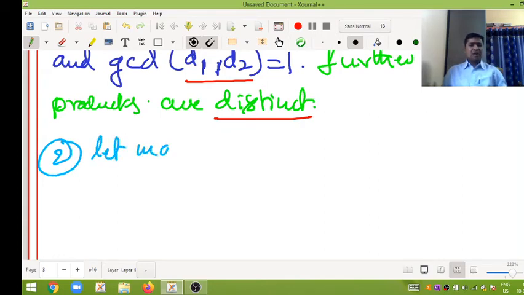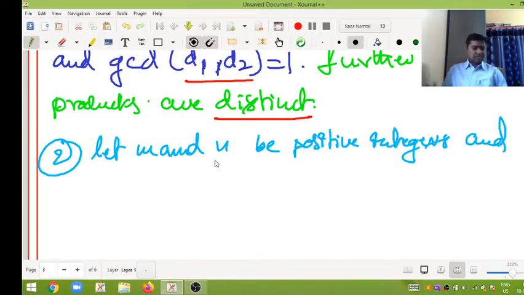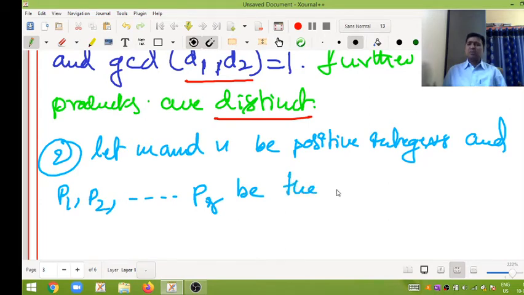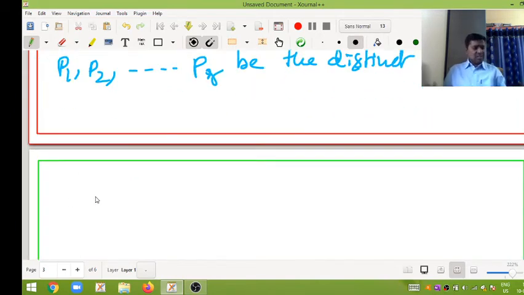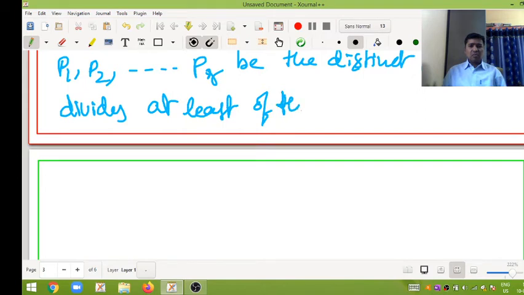Let m and n be positive integers, and here p1, p2, and so on up to pr be the distinct primes that divide at least one of the two integers, that is, one of m or n, my dear friends.